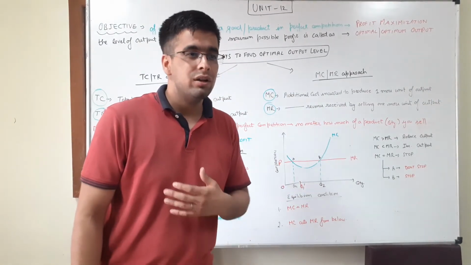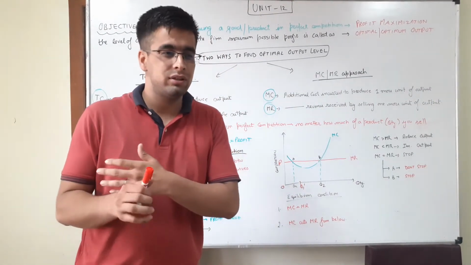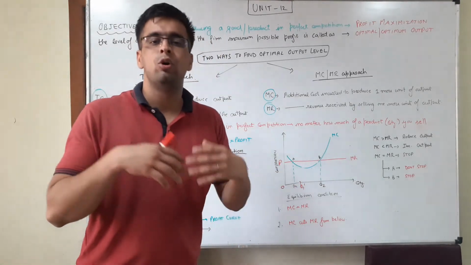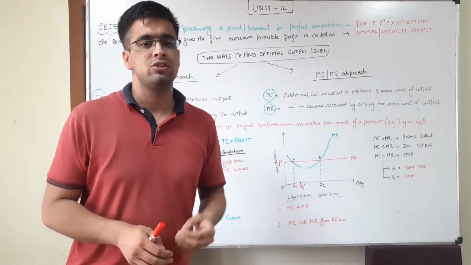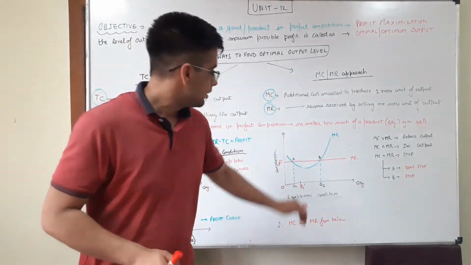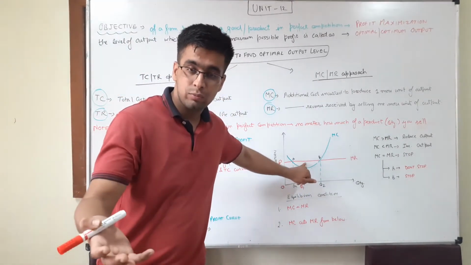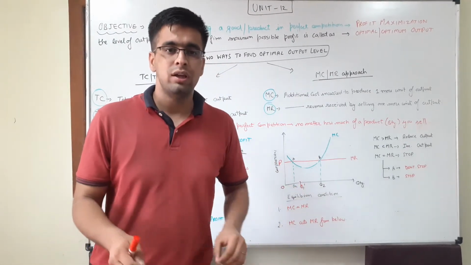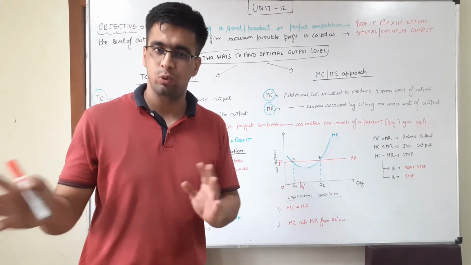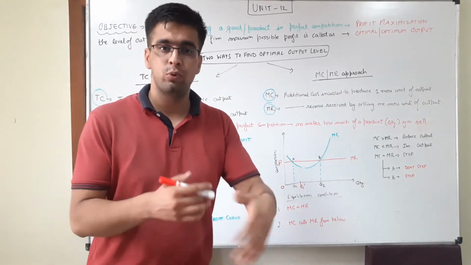It is easy to see that if you increase your output, you get more additional money and the additional cost is less. Marginal revenue, that is additional money you are getting, minus marginal cost is something positive. You are keeping some money in your pocket by producing more. That means you should produce more.